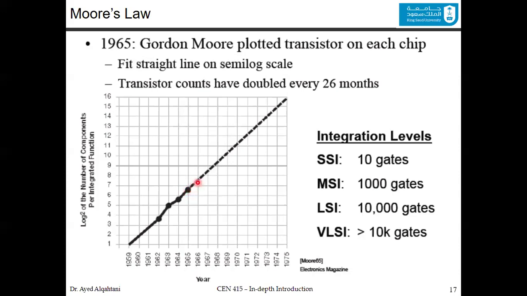And that was his projection for the future. He was projecting this for the next 10 years at that time, from 1965 to 1975. And time showed that he was right. His projection was basically correct. It was doubling every 26 months or so.